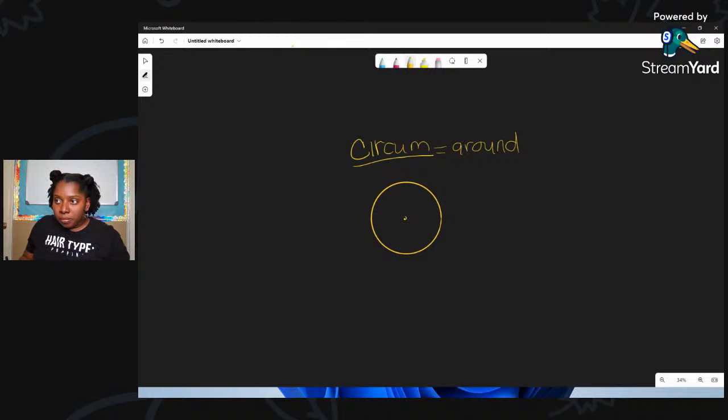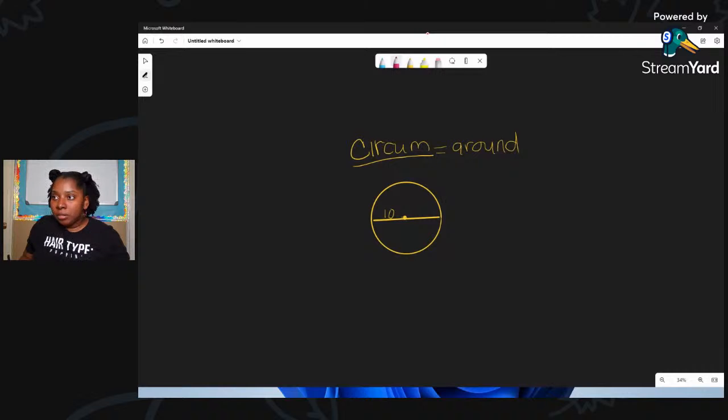So we have the center of the circle. I'm sure you know the diameter is the line all the way across through the middle. I will attempt to draw this. All right, so let's say the diameter is 10.